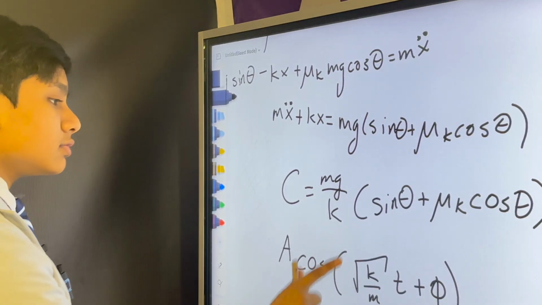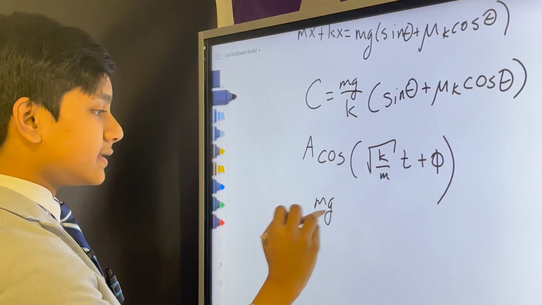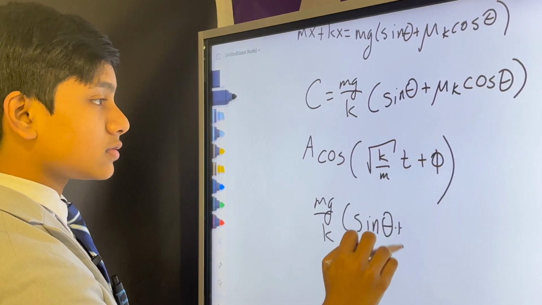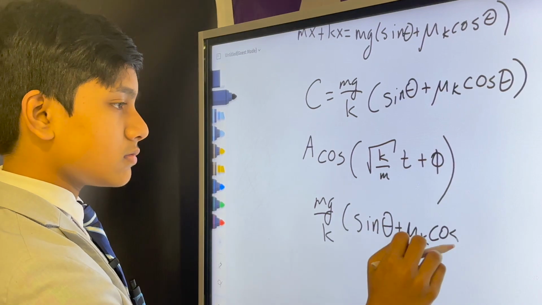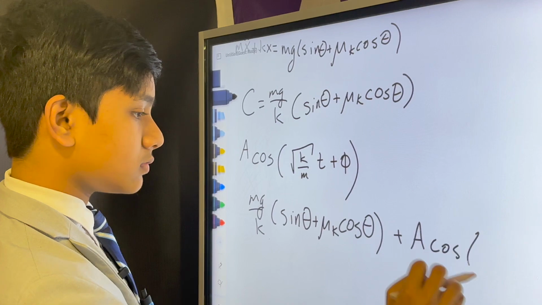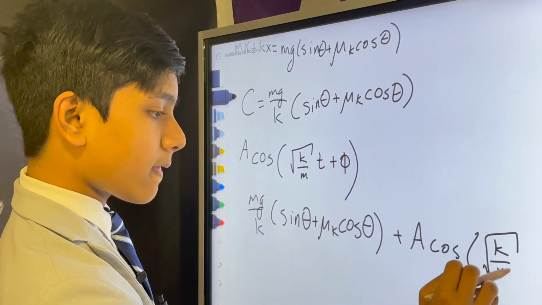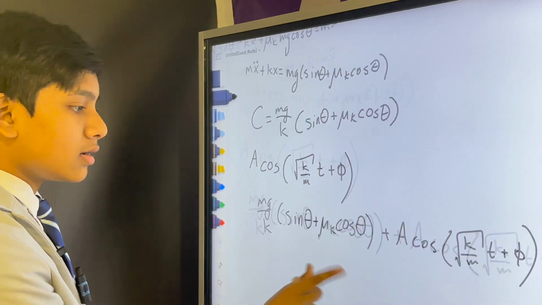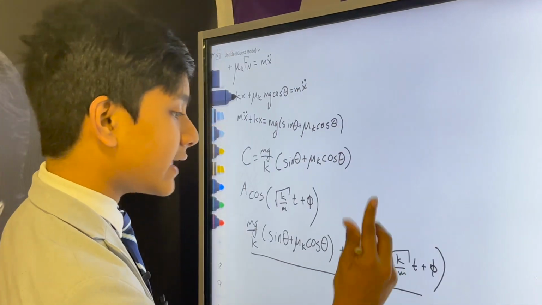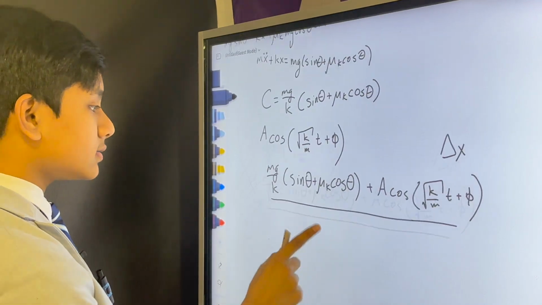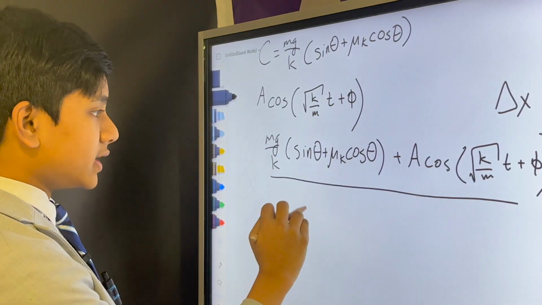Okay, so now we're just adding these two together. And you'll notice that at t equals 0, this has to be equal to delta x, which means that if we plug in t equals 0 right here, what do we get?